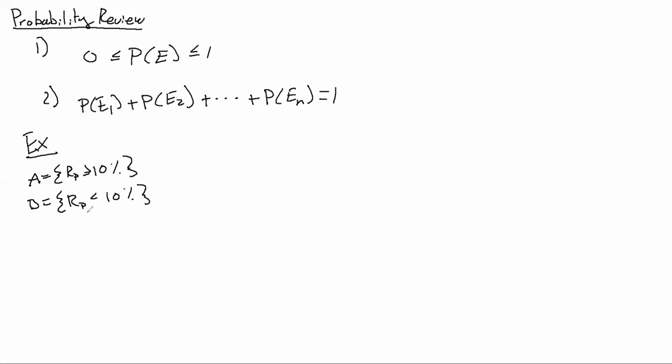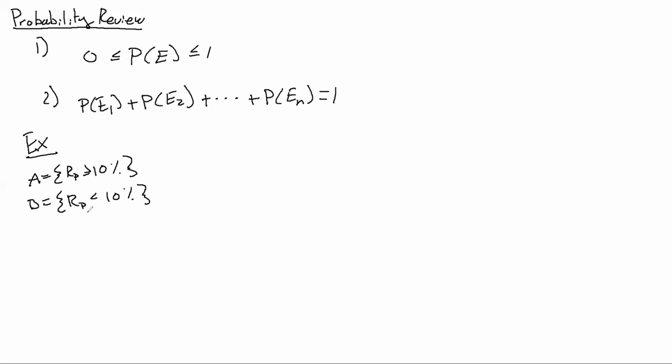So these are mutually exclusive. You can't have a portfolio that earns 12% and 8% at the same time. It can only be one or the other. They both can't take place at the same time. And then this also is exhaustive. So if our portfolio earns 10%, or our portfolio earns 1,010%, it's still event A because it's 10% or greater.